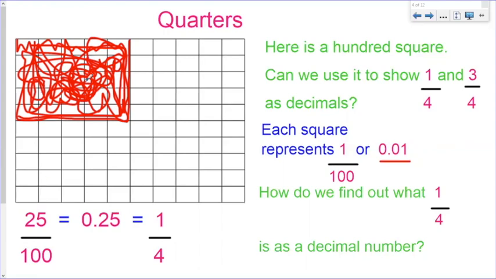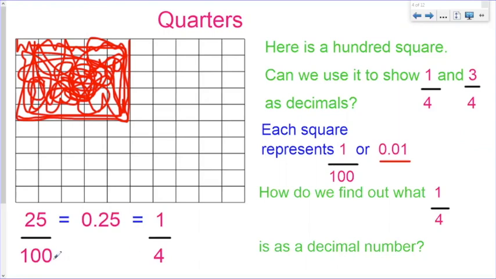You can see it here, because 25 can be divided by 25 once, and 100 can be divided by 25 4 times, which is why it's 1/4. Just thinking back there to your simplifying fractions.